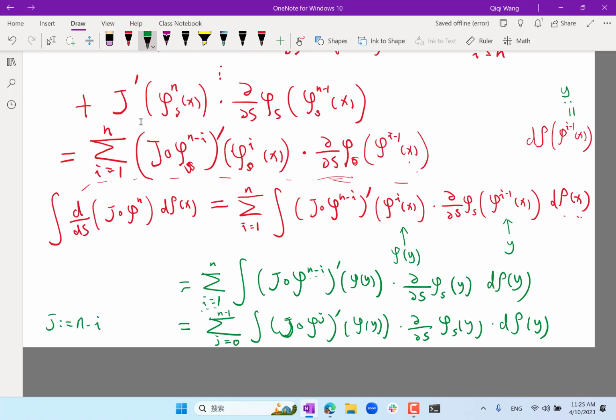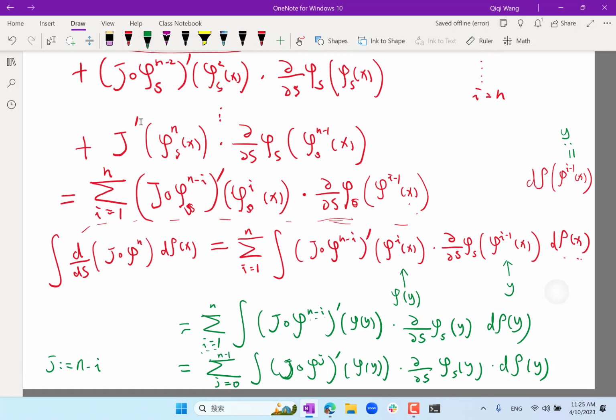So for our sawtooth map, phi is not invertible, and this is correct. In the case that phi is invertible, many people write the Ruelle linear response formula by, instead of defining y being phi to the i minus 1 x, we can also substitute y equal to phi to the i x.